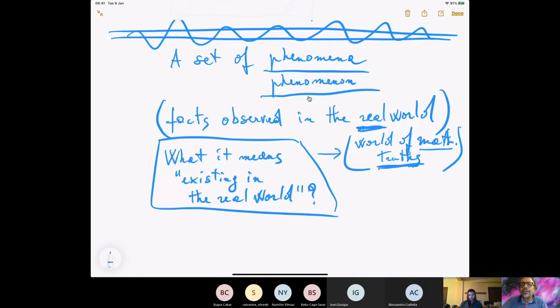So there are facts. We are really talking now. The sun is shining outside. I mean, there is a set of basic facts in the real world, and we can agree about their existence. Okay?